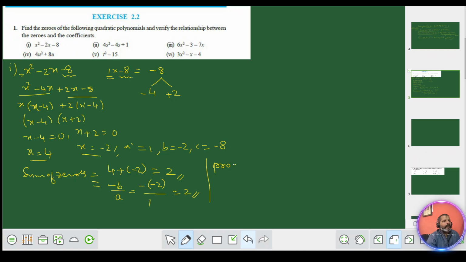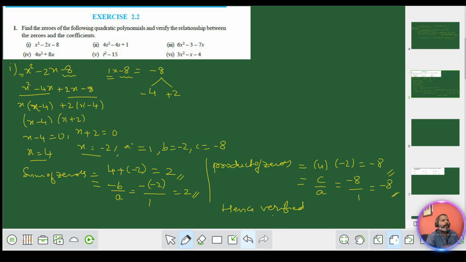Then product of zeros. The product of the zeros you got, 4 into minus 2, is minus 8. This should be matched with your formula, coefficient c by a. What is c? Minus 8, by a is 1, therefore minus 8. Both are the same. Just say hence verified.